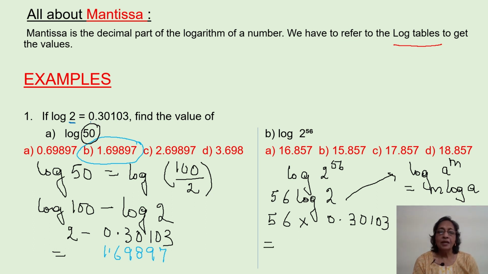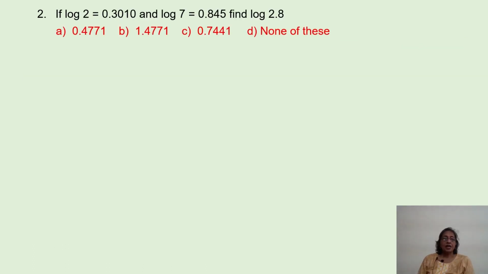So this will be 16.857. And your correct option over here will be the A option.